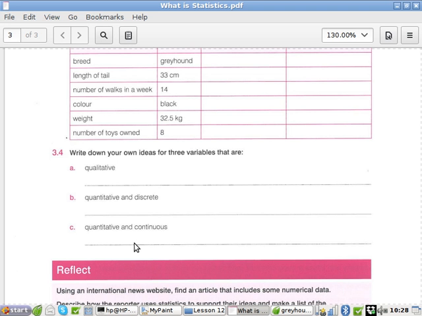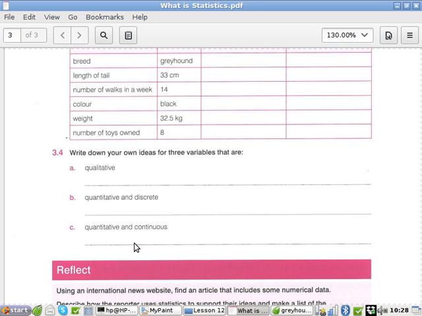Mike, what did you have for quantitative and discrete? The weight of the computer. The weight? I didn't hear you. Well, you can say it again. Oh yes, the weight of the computer.